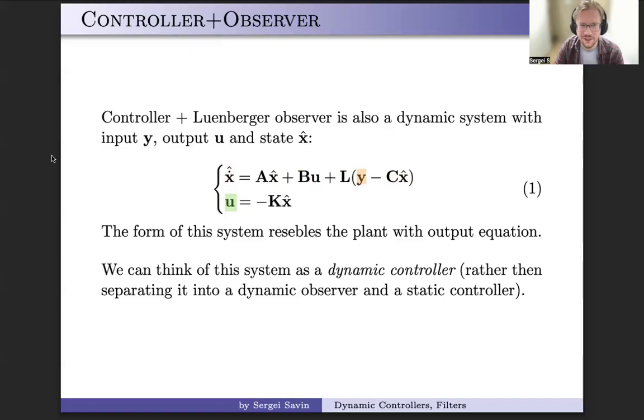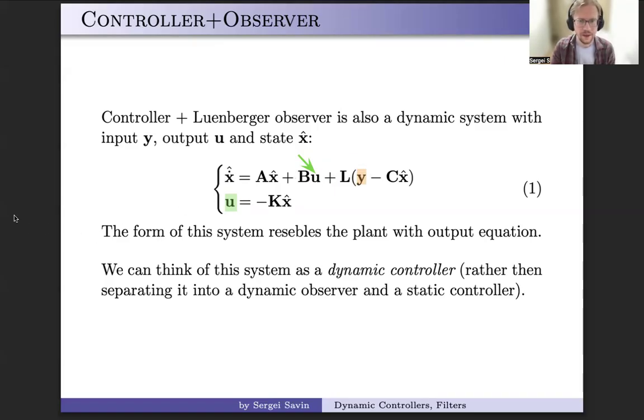Please don't be alarmed that u appears also here. You can always substitute minus kx here, and you would just get a minus bk x hat. So the fact that u appears here is just so we preserve the appearance of the Luenberger observer, but it does not imply anything about its structure being strange or different from normal, right?